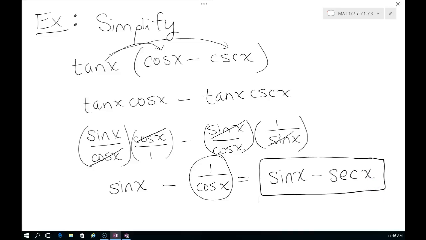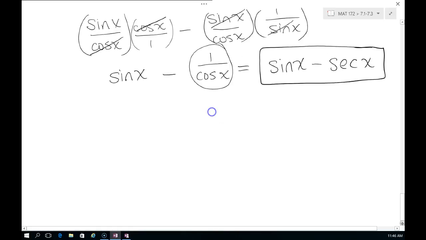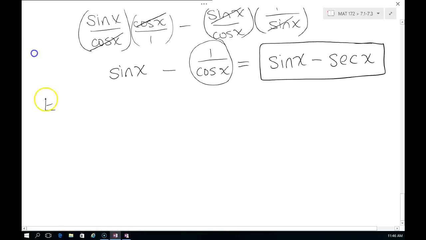Now I'm going to do another one, and this next one is going to involve a Pythagorean identity. And again, it's just telling me to simplify.